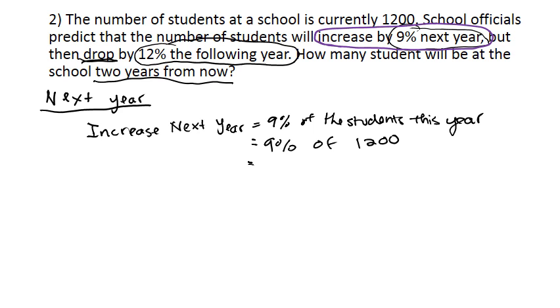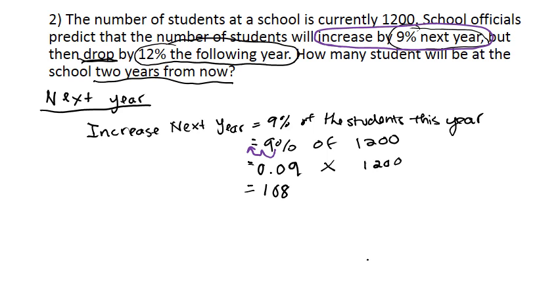And then we need to convert this percentage into a decimal. So I'm dividing by 100 or moving the decimal 2 spots to the left. And I get 0.09 of 1,200. Now remember, when we see the word of, we know that that's going to be multiplication. So I can replace the of with multiplication. So then I need to multiply 0.09 times 1200. And that will give me 108.